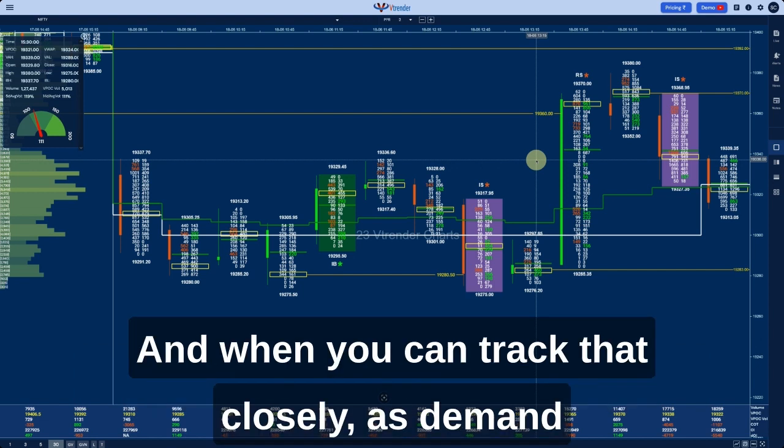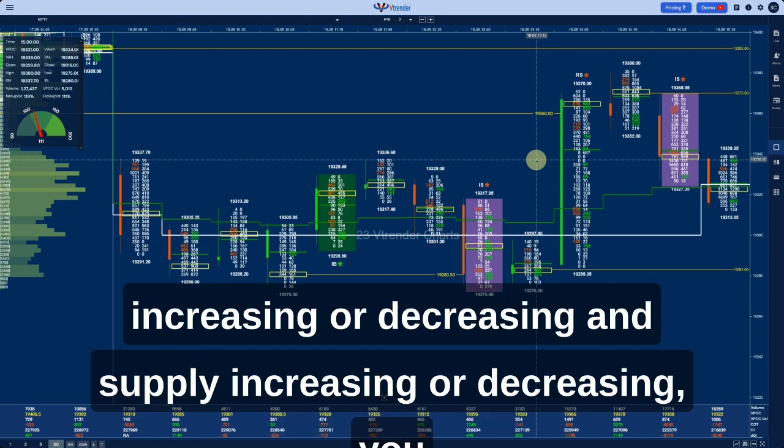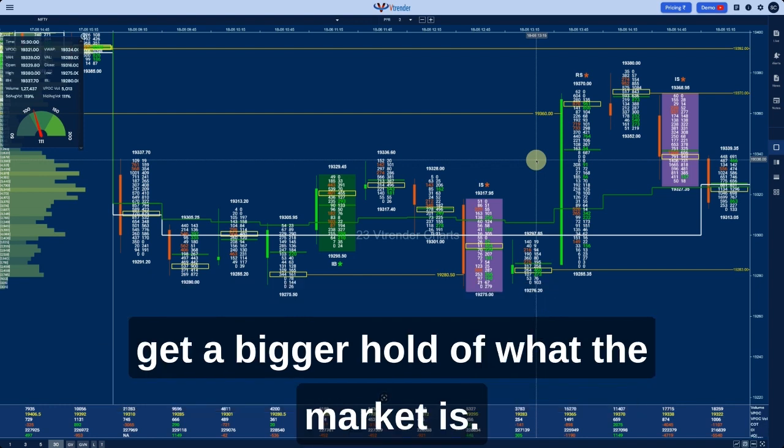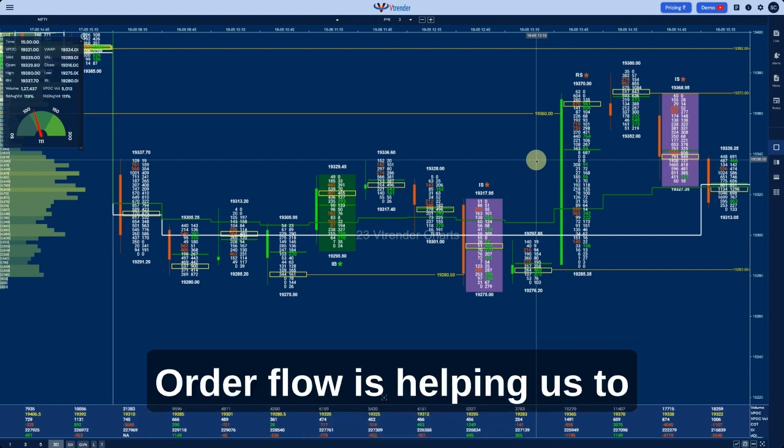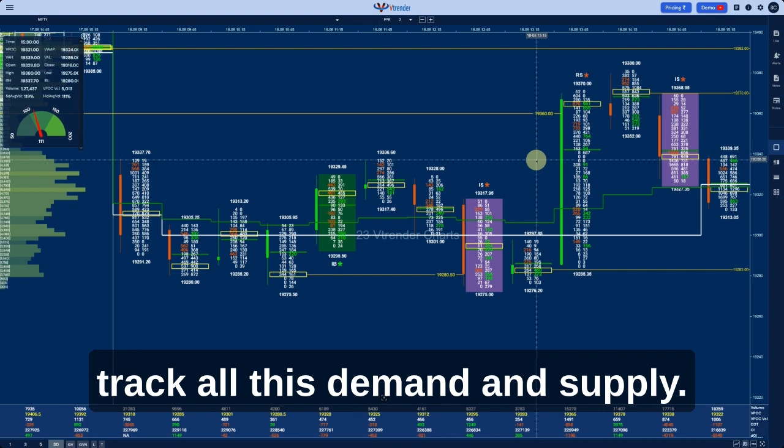And when you can track that closely, as demand increasing or decreasing and supply increasing or decreasing, you get a bigger hold of what the market is. So that is what order flow is. Order flow is helping us to track all this demand and supply live.